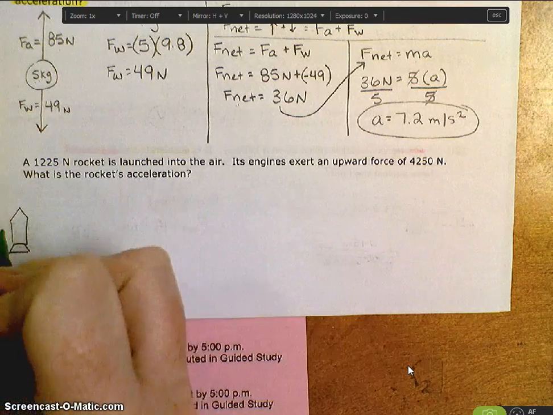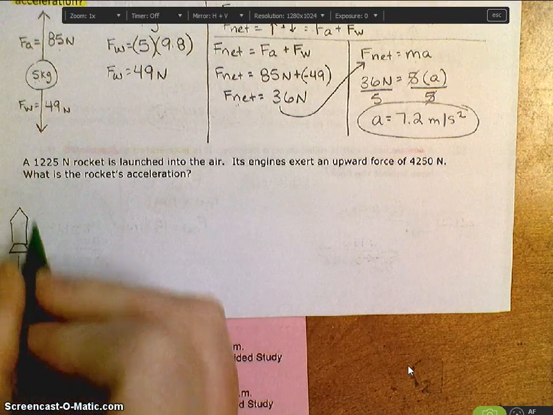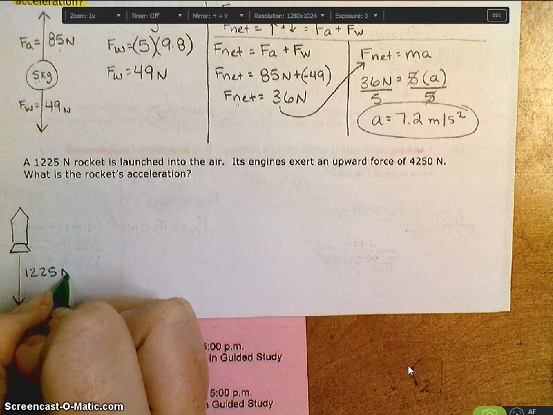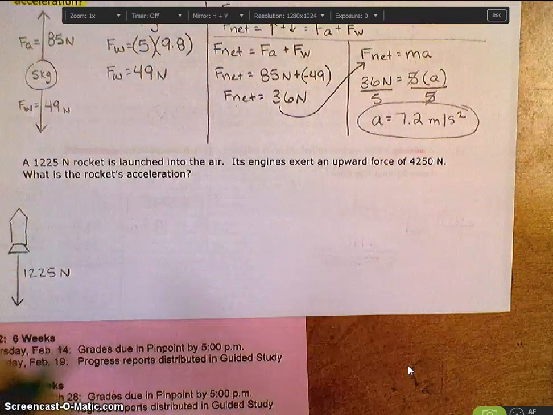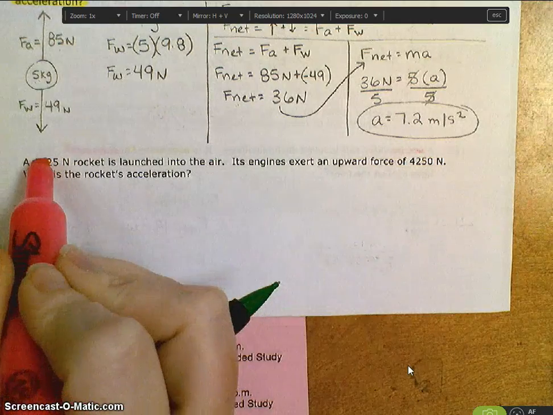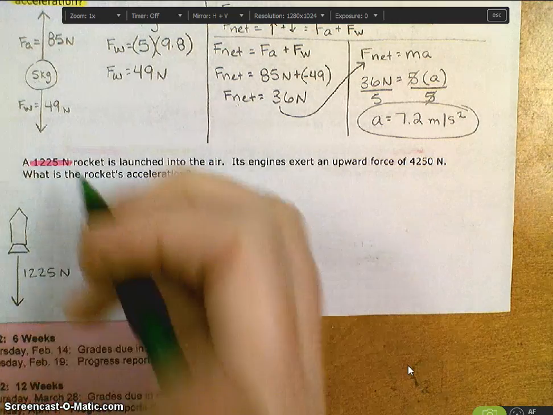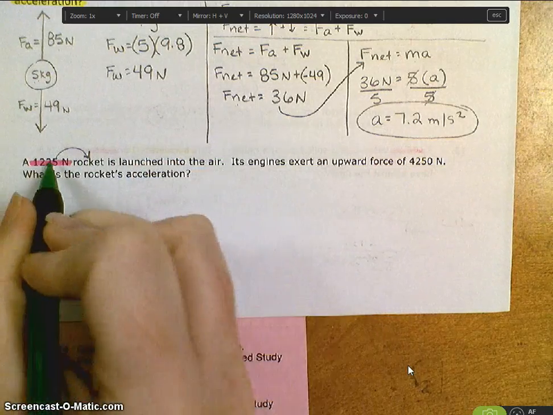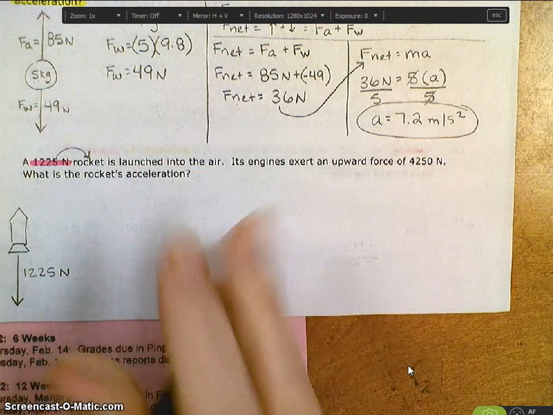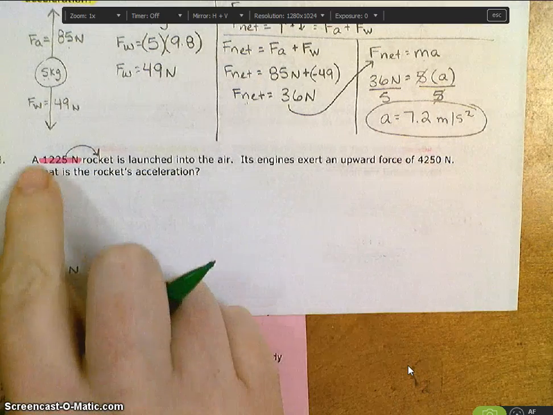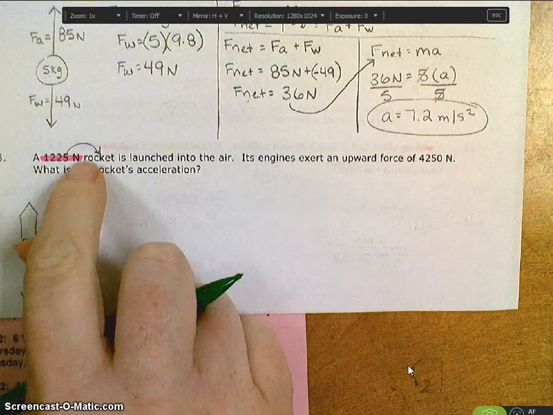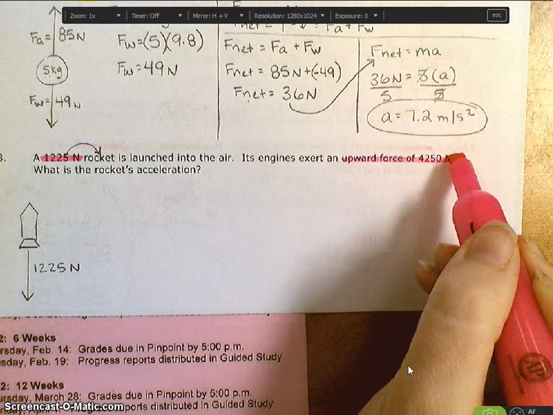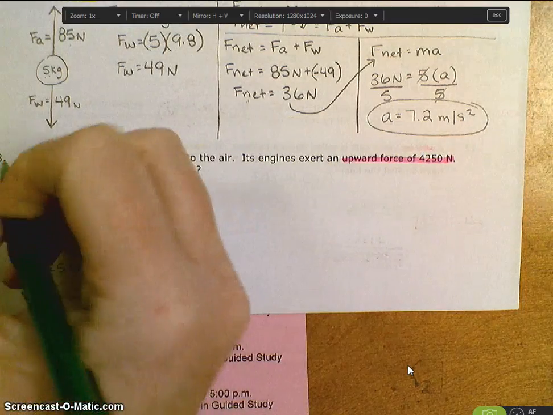Got a rocket. That rocket has a weight. I know that it's a weight because it is in newtons. I know that this is describing the rocket because they're found right next to each other. It's an adjective for the word rocket. 1,225 Newton rocket launched into the air with an upward force of 4,250.